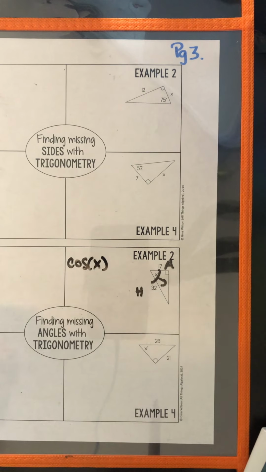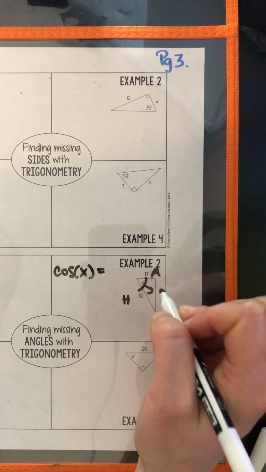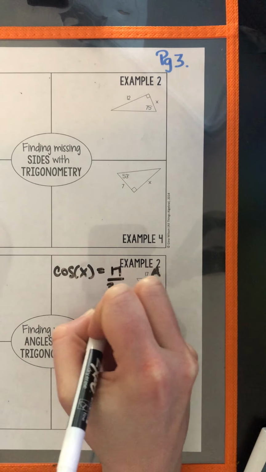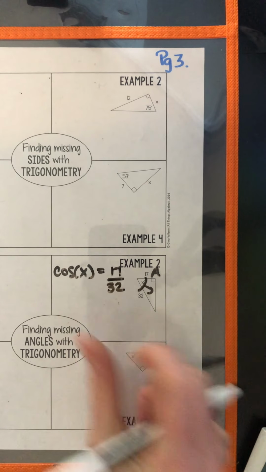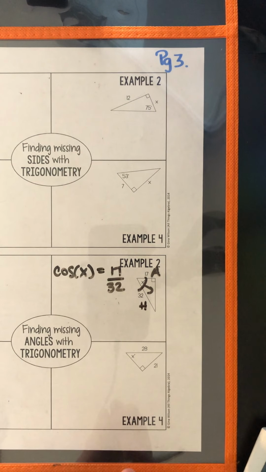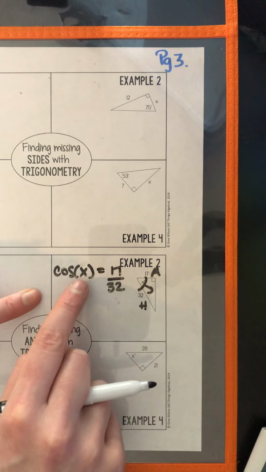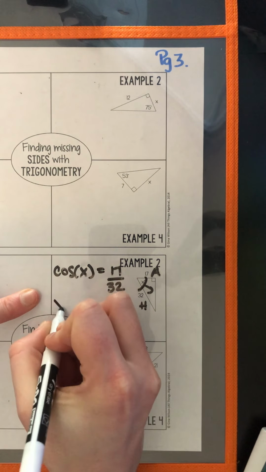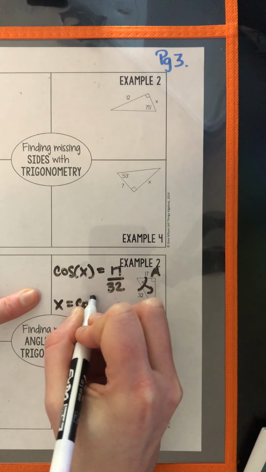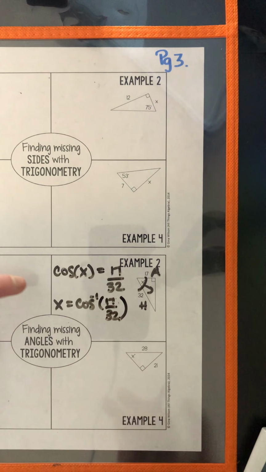We're finding the angle, so I put X in parentheses equals adjacent over hypotenuse, because that is the trig ratio. Notice why I was drilling ratios for cosine. So to get X by itself, because it's trapped, we do cosine inverse of 17/32.